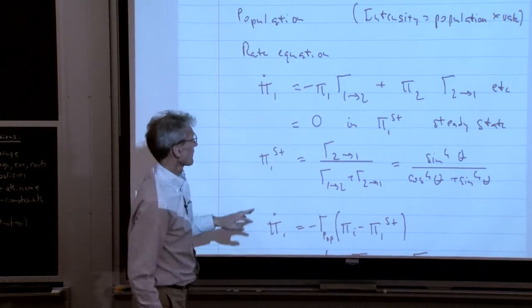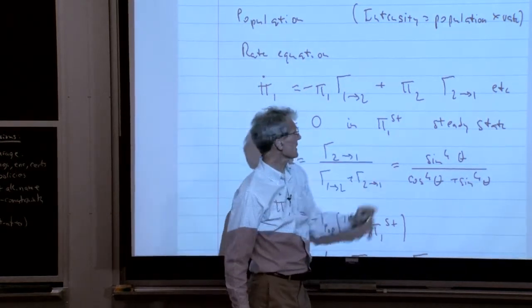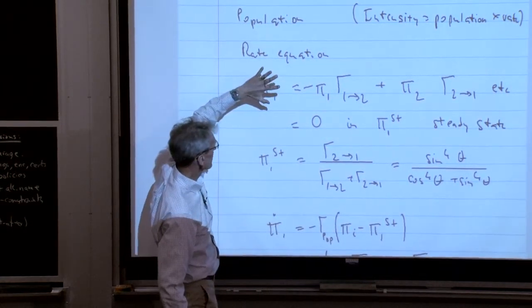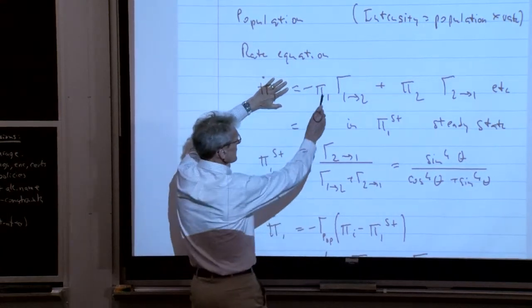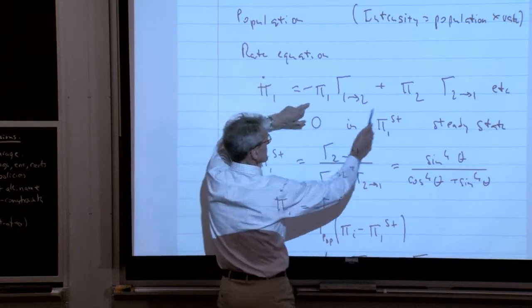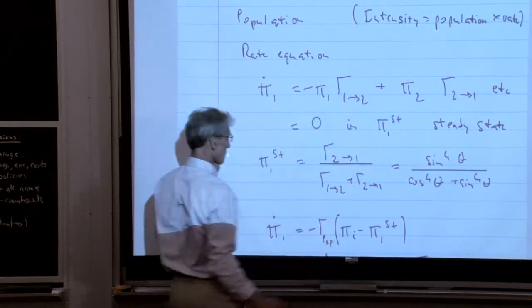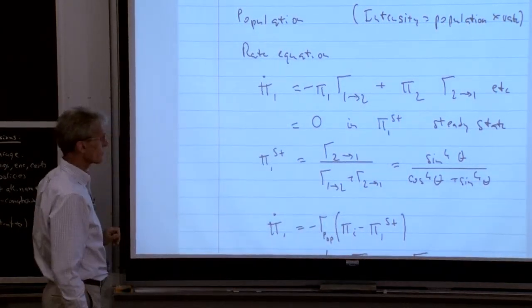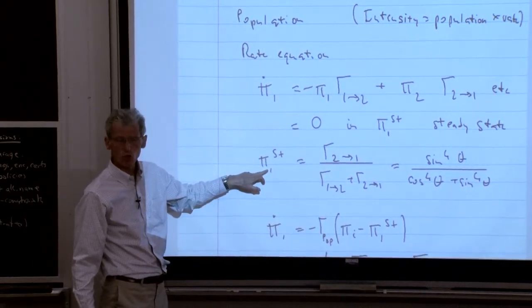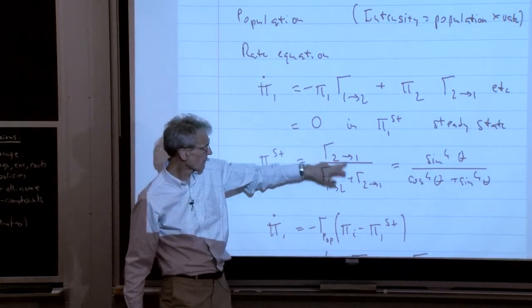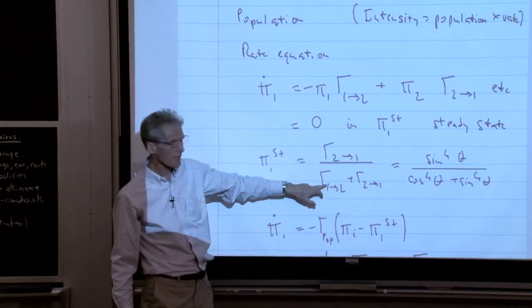Since we are interested in the steady state solution, we can just set the left side to 0, and then the rate equations simply give us the population in terms of the rates. In other words, if you ask what is the steady state solution in the upper or lower dressed state, it's given by a ratio of those rate coefficients.